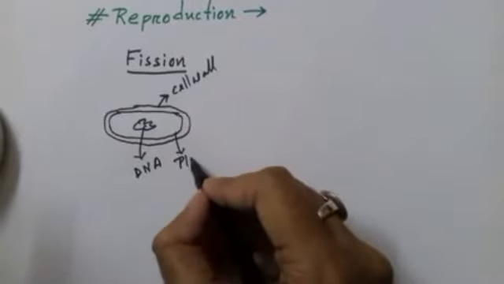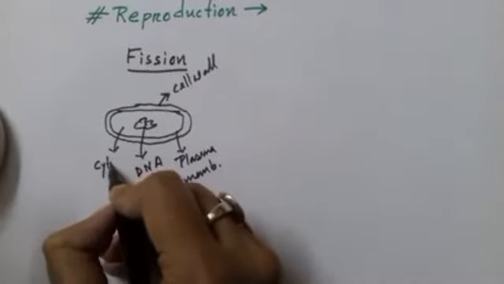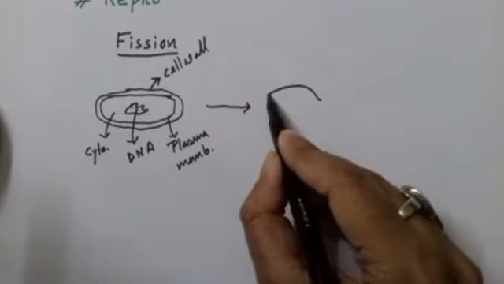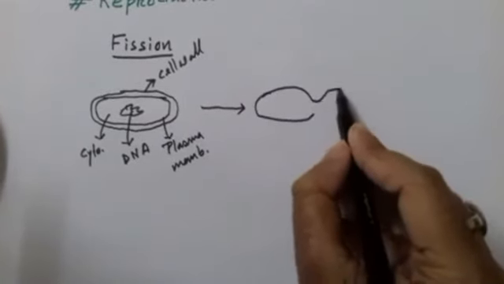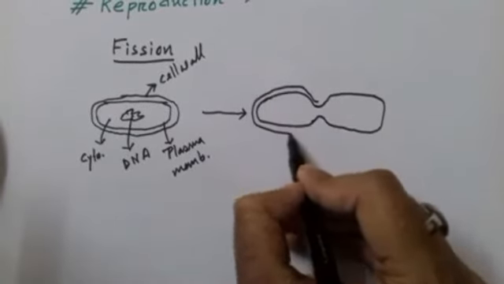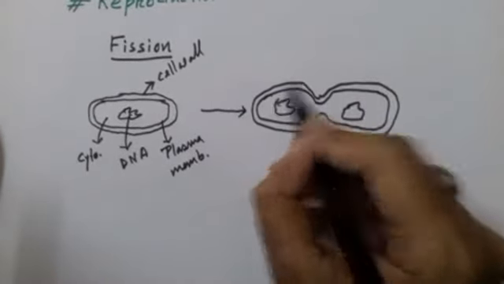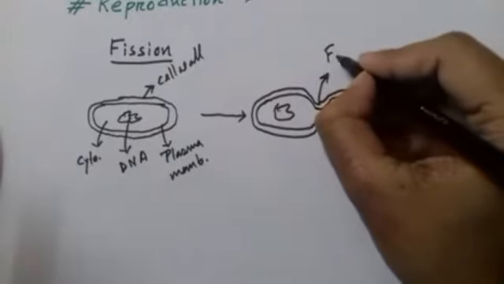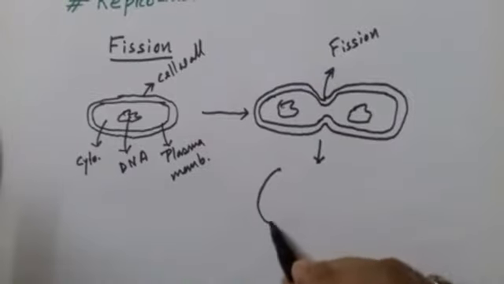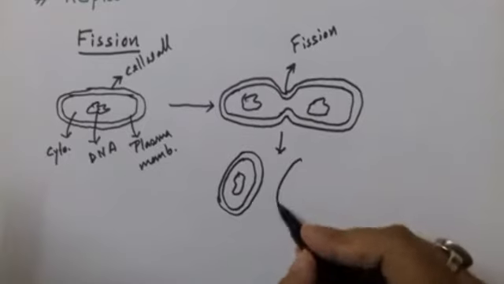This is the plasma membrane and cytoplasm. From this, this is known as fission, and fission results in two daughter bacteria.